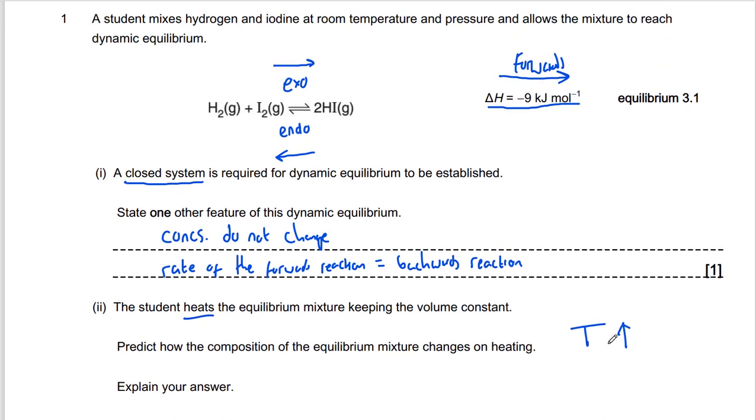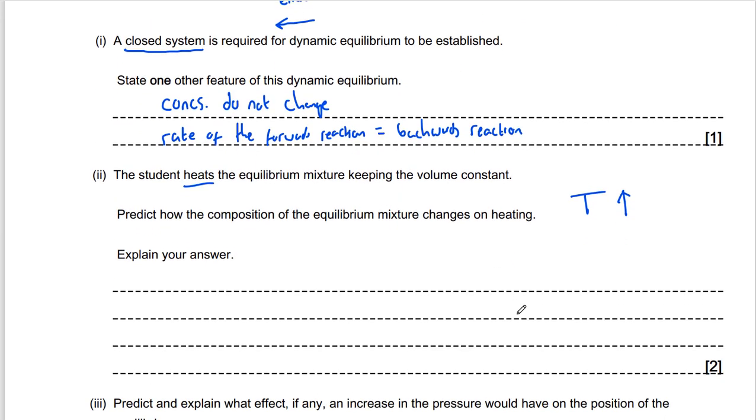We're increasing temperature. So if we increase the temperature, the equilibrium is going to do the opposite. So it's going to do whatever it can to lower the temperature. Now, to lower the temperature, instead of giving out heat, which is exothermic, that would increase the temperature even more, it's going to take in the heat into the reaction to cool down the temperature. And so therefore, the reaction is going to shift into the endothermic direction.